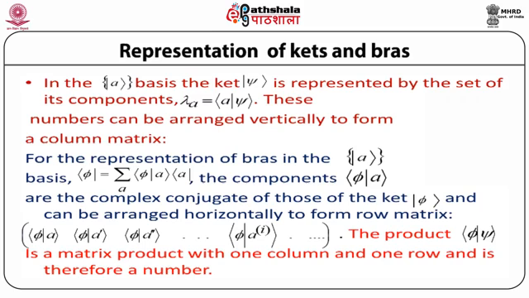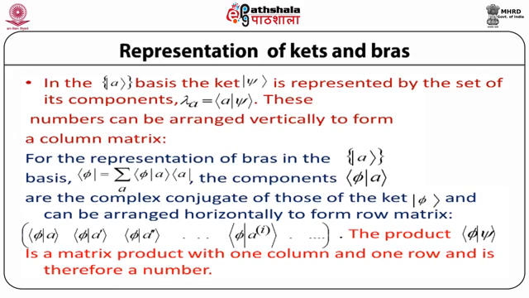These numbers can be arranged vertically to form a column matrix, where the column matrix is given as ⟨A|ψ⟩, ⟨A'|ψ⟩, ⟨A''|ψ⟩, and so on.